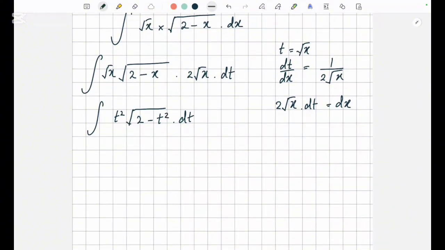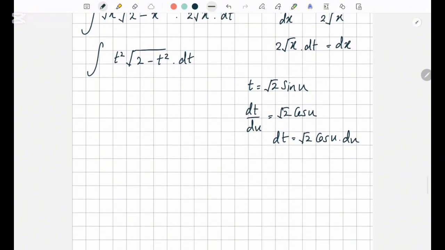Now let's take a substitution of t equals root 2 sine u. So dt over du equals root 2 cos u, right? So dt equals root 2 cos u du.